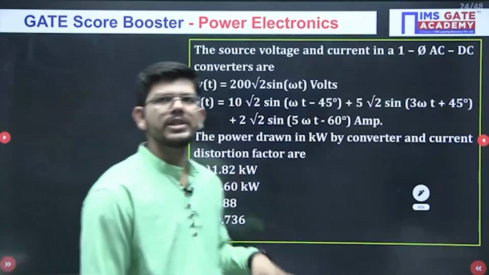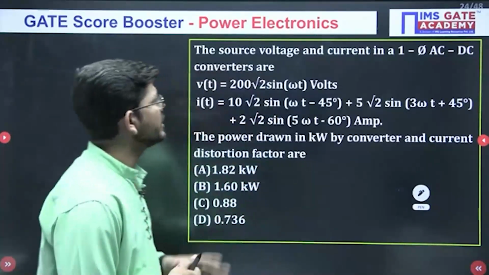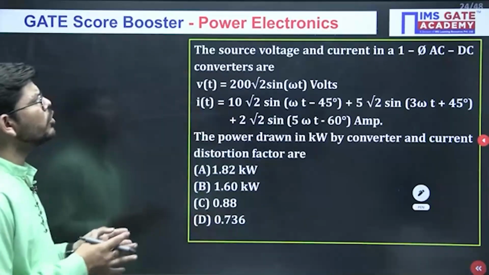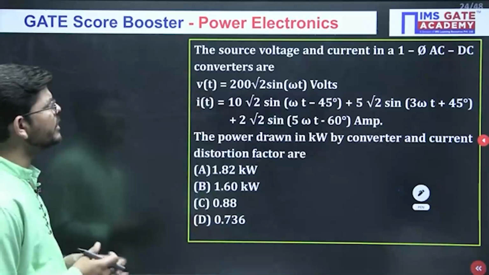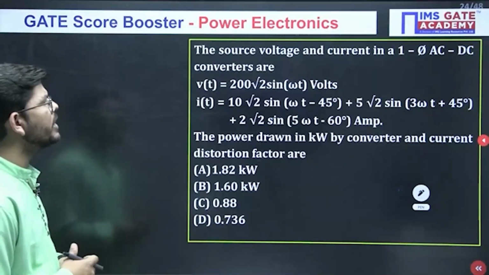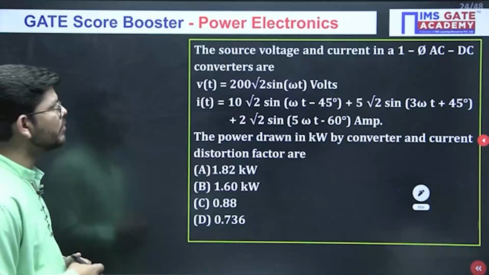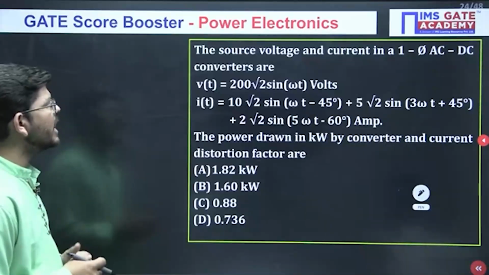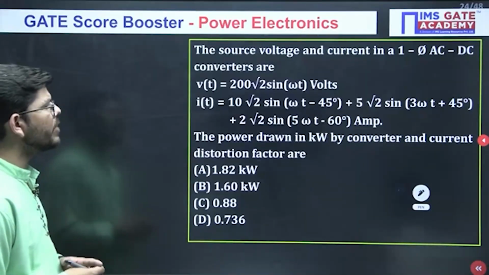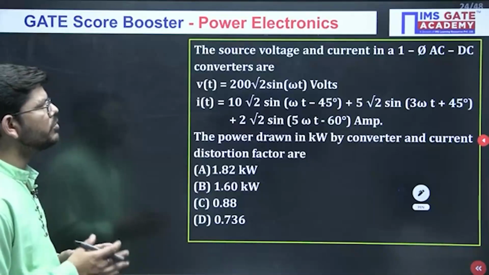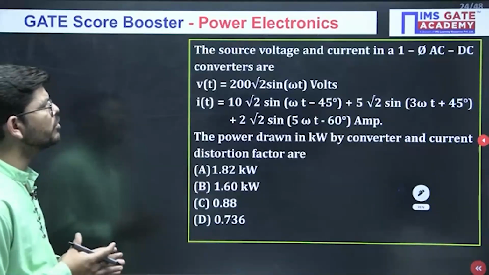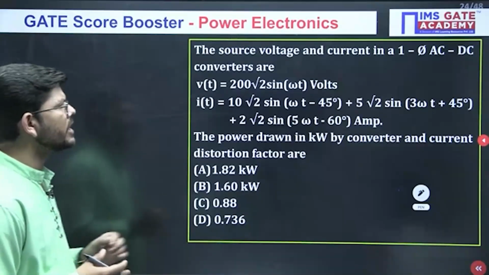So let's move towards the questions. This is the first question that I'm having from the rectifier. Just see what has been given here. The source voltage in a single phase AC to DC converter is 200 root 2 sin omega t. Only the fundamental frequency component is present in voltage, and the current is 10 root 2 sin(omega t minus 45), plus 5 root 2 sin(3 omega t plus 45), plus 2 root 2 sin(5 omega t minus 60 degrees).